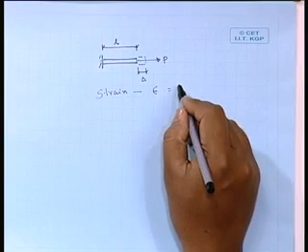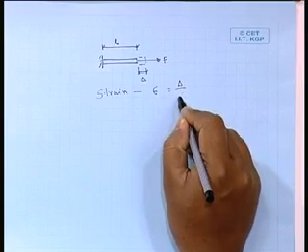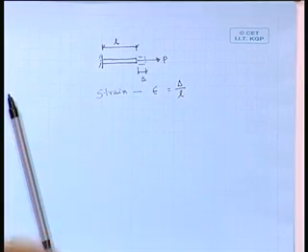It is basically the elongation divided by the original length. So, delta is the change in length, L is the original length. So, the rate of change of length we are defining as epsilon or strain.